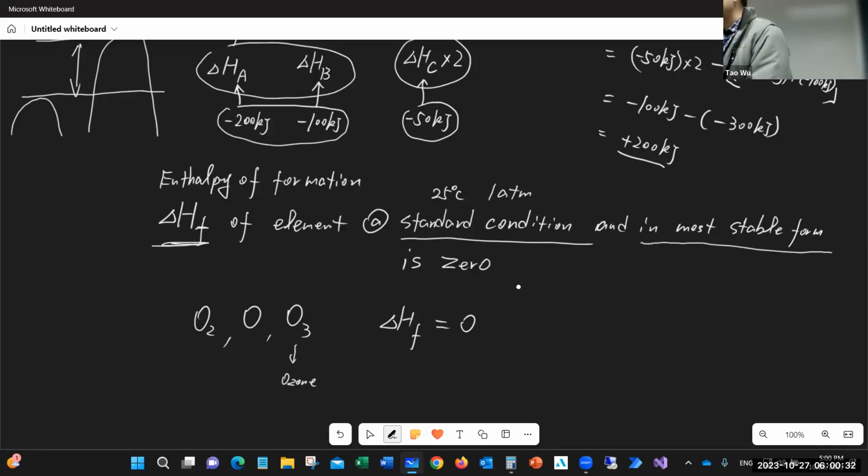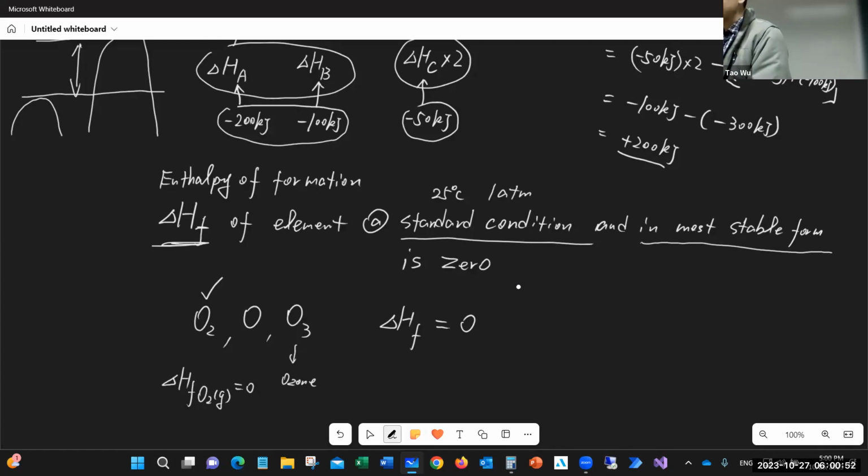Then you need to say, here is another condition: in most stable form, which means oxygen's most stable form is diatomic. So the delta H of formation of oxygen gas will be equal to 0.